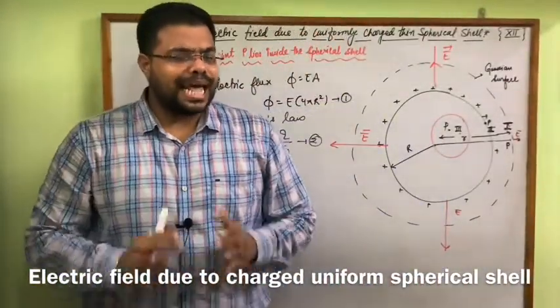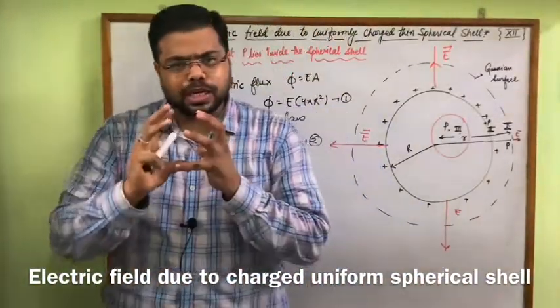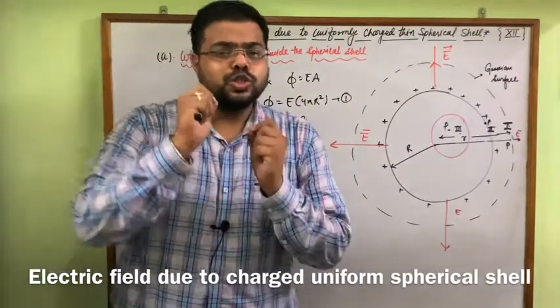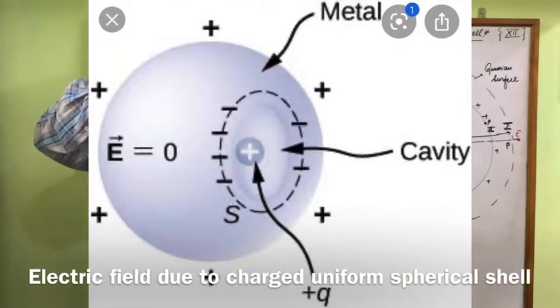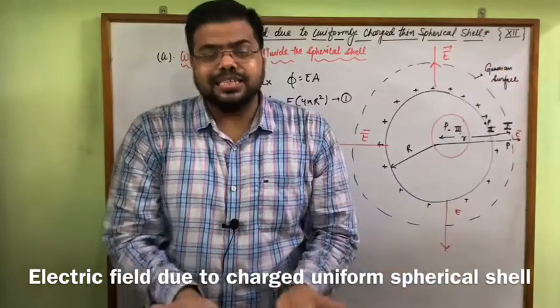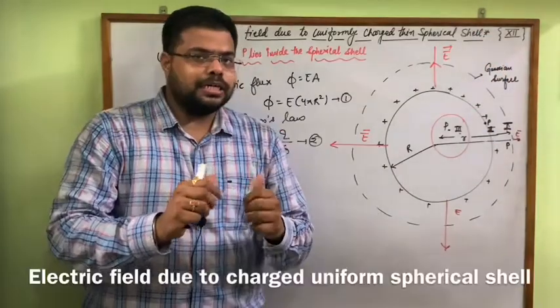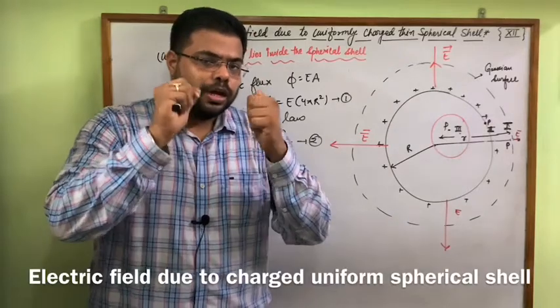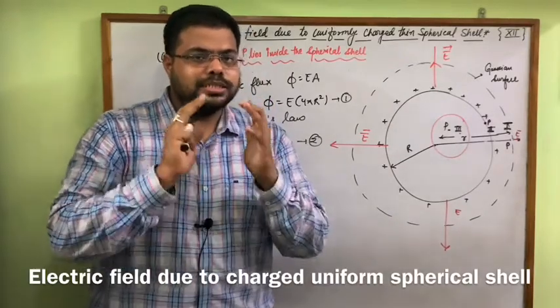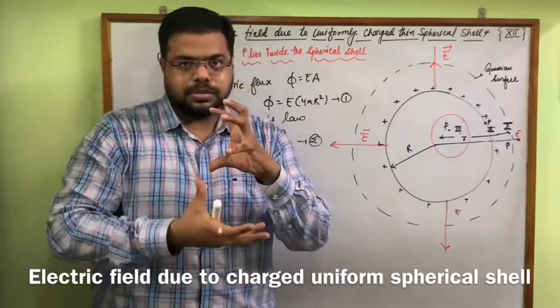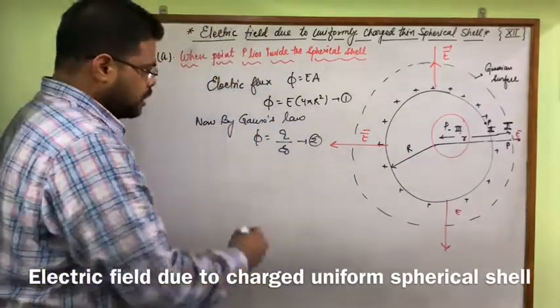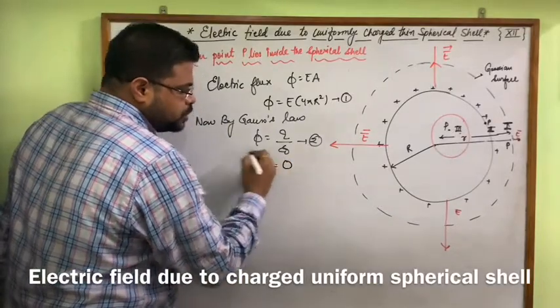Because, as we know from the property of charge, when we give charge to a body, all the charge spreads over the entire surface, uniformly distributed. Electric charge doesn't go inside the surface, so here q will be equal to 0.